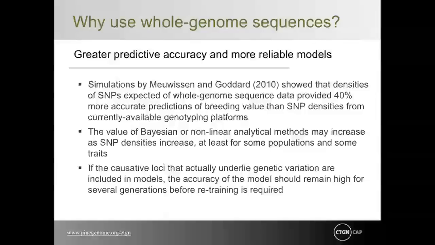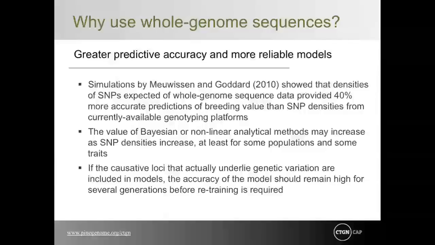Those simulations showed that imputation of SNPs from founder whole genome sequences to progeny provided a substantial gain in accuracy over the accuracy obtained using currently available high-density SNP genotyping platforms. Bayesian methods may be better suited to dealing with the extremely high densities of SNP loci available from imputation of whole genome sequence information, although again that is likely to depend on the true underlying genetic architecture of the target traits.